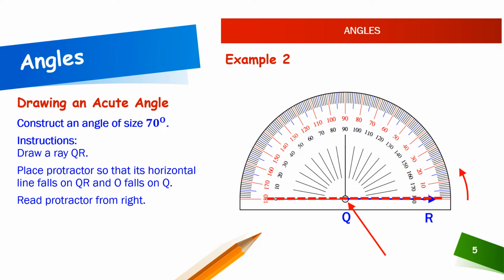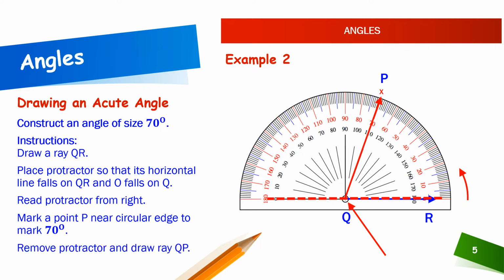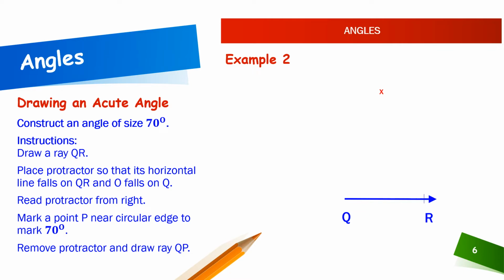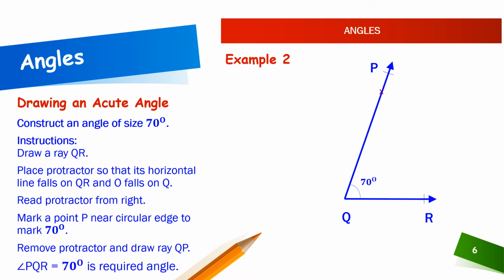Mark a point P near the circular edge to mark 70 degrees. Here. Now remove the protractor and draw the ray QP, as shown. The angle PQR is equal to 70 degrees and is the required angle.